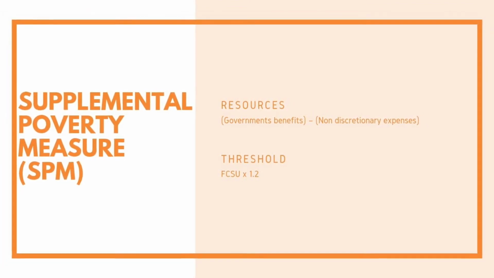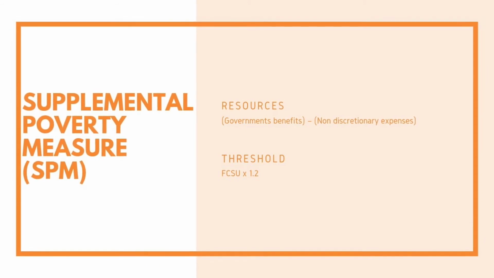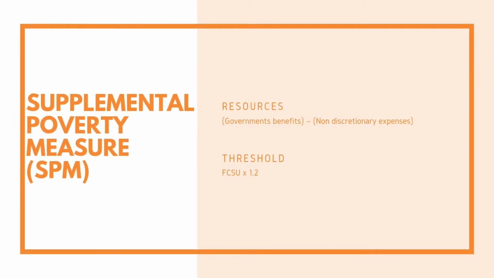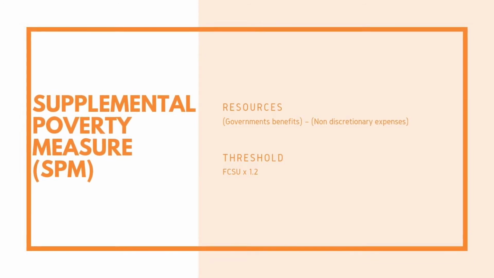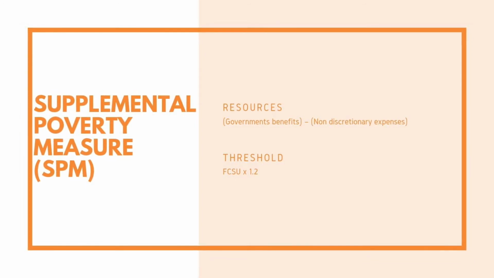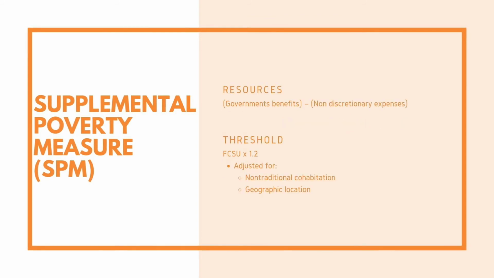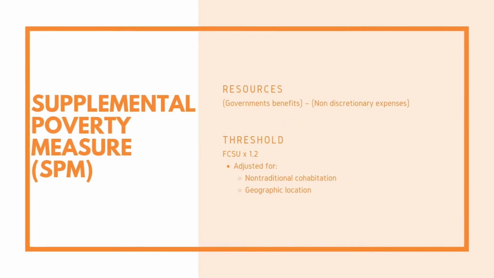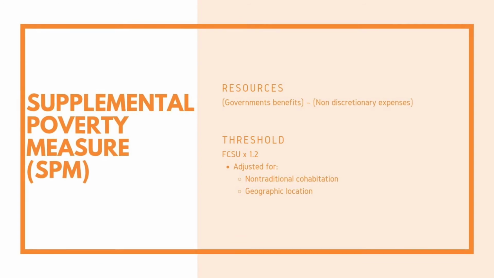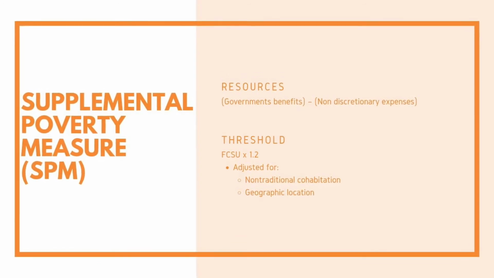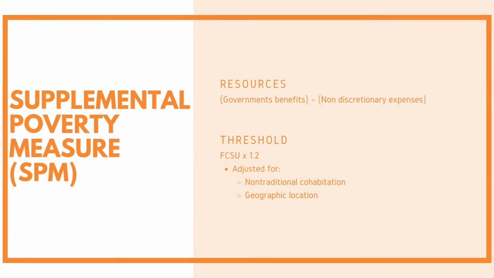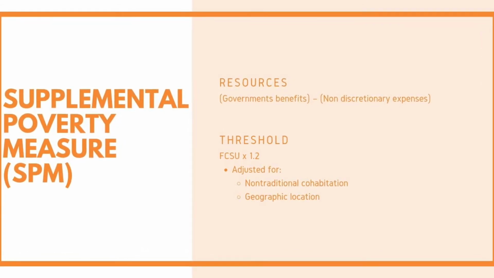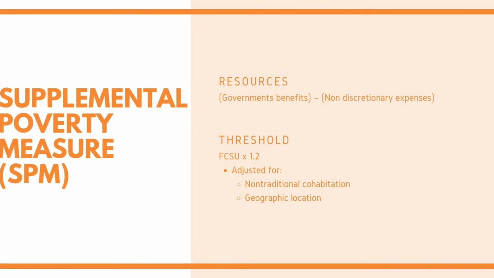The threshold includes the 33rd percentile for households' food, clothing, shelter, and utilities, and multiplies this by 1.2 to adjust for inflation. It adjusts for geographic differences in living. A disadvantage of the SPM is that it alters the amount of people considered to be in poverty. For instance, it lowers the child poverty rates, which could cause an underestimation of the amount of financial help children need.